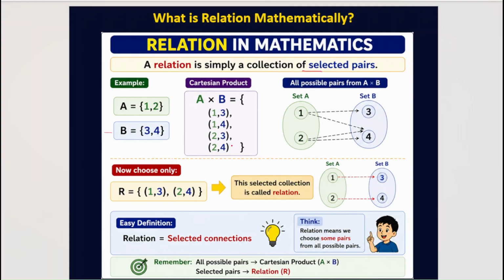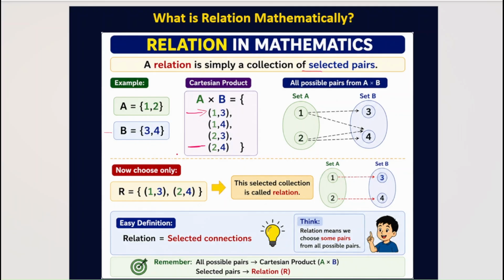That is okay. Now, choose only some pairs. Selected pairs means you can select those as given in the question. I have selected (1, 3) and (2, 4). That means selected pairs. A relation is simply a collection of selected pairs.